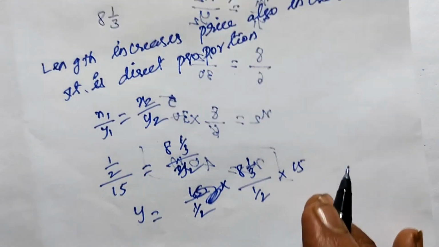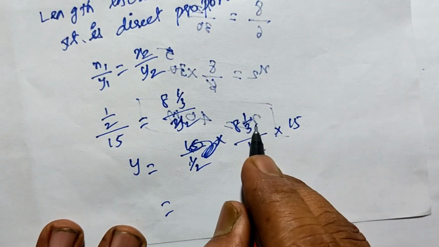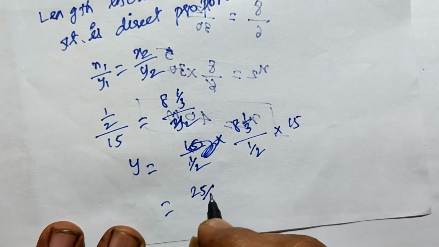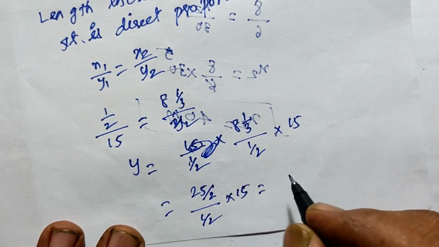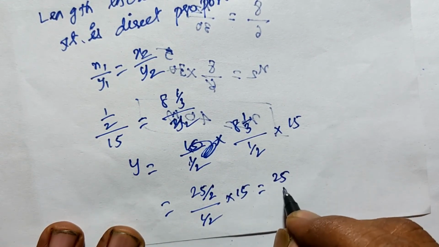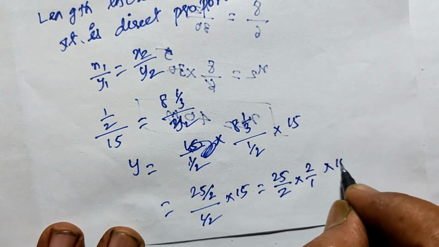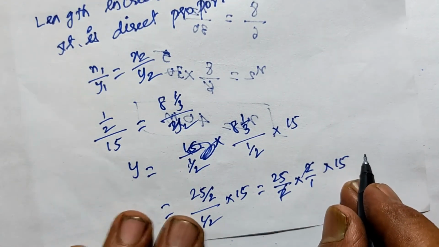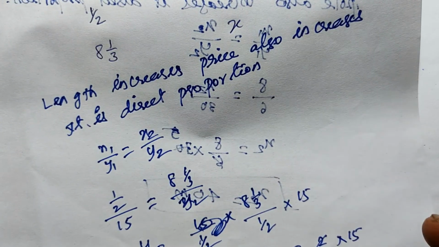So look here, 8, 3 8s are 24 plus 1, 25/3 divided by 1/2 into 15. So that is what? 25 divided by 3 into 2/1 into 15.